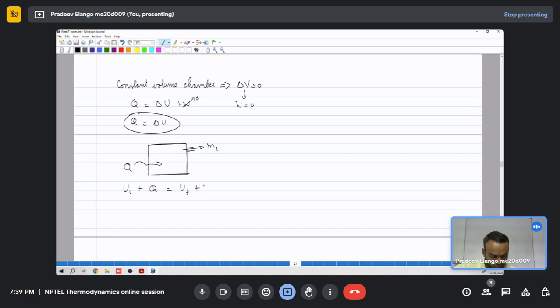Then there can be some work transfer out, done by the system, some mass of fluid coming out with an enthalpy out, and some mass coming in with an enthalpy inlet. In this case we didn't have any work transfer, and no mass entering inside, so this is also 0. Finally we end up with UI plus Q equal to UF plus ms hs.